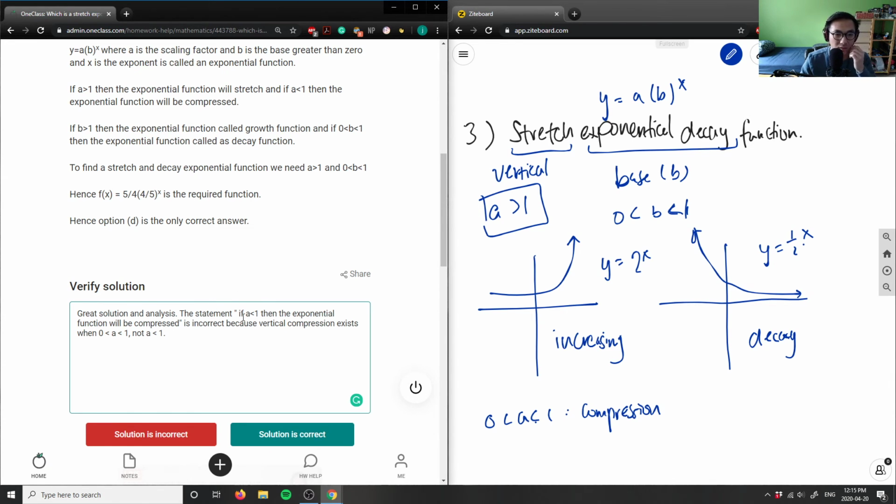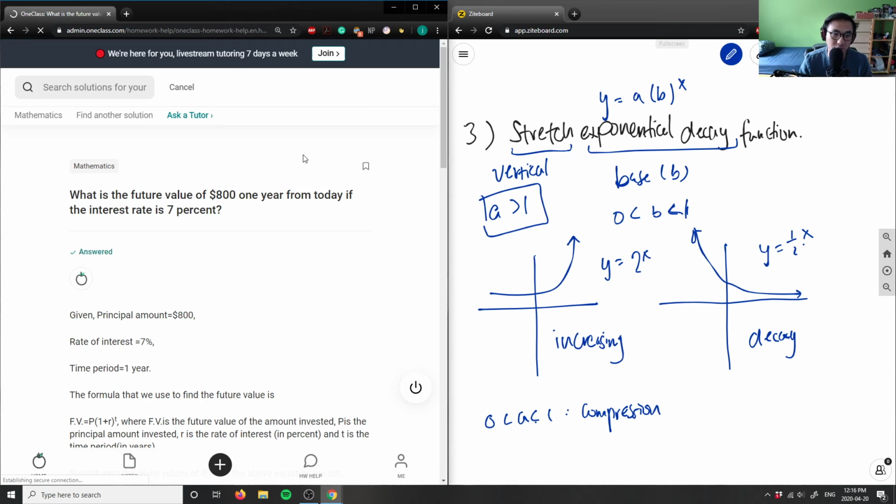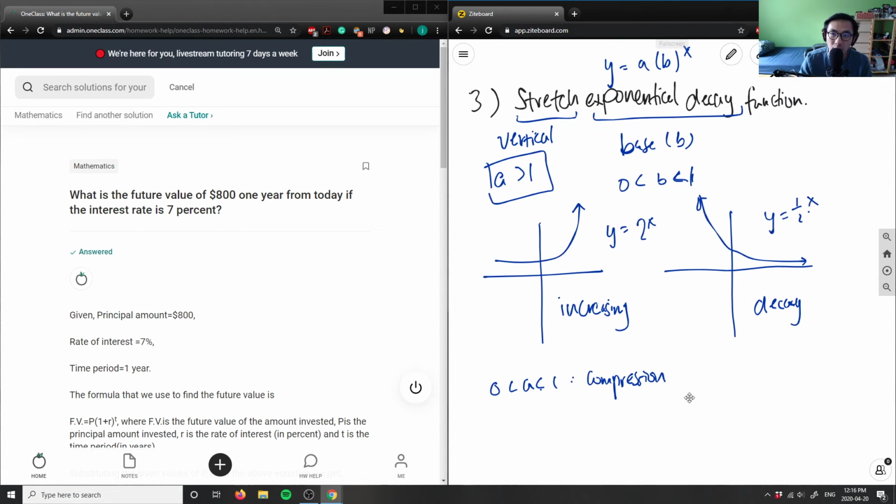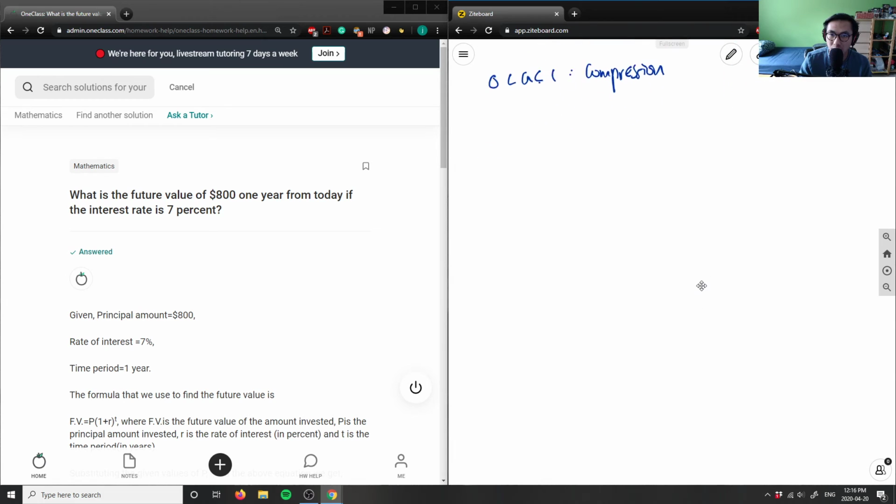So that's the only reason why I'm saying this here. Great solution and analysis, however. I'm just saying the solution is correct because their solution here is correct. Their logic there was slightly flawed, but with this exception, it's totally fine. This here is the correct answer for number 3.